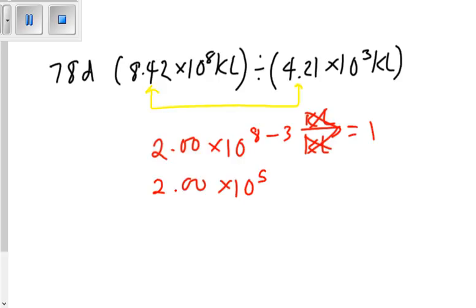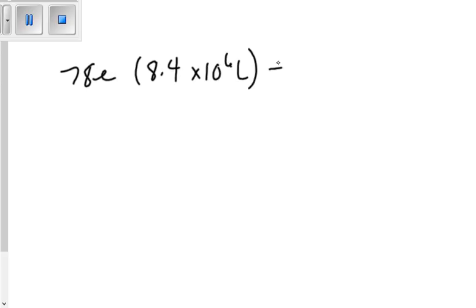All right, let's try that again with 78E. So in 78E, you have 8.4 times 10 to the 6th liters divided by 2.4 times 10 to the negative 3rd liters. Okay, so again, you're going to divide your numbers first.